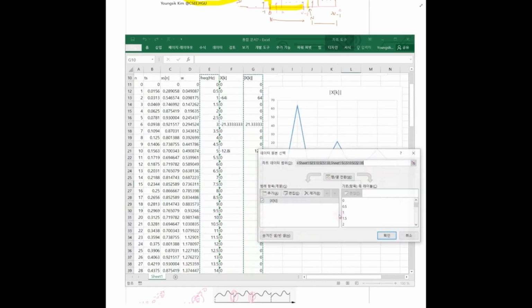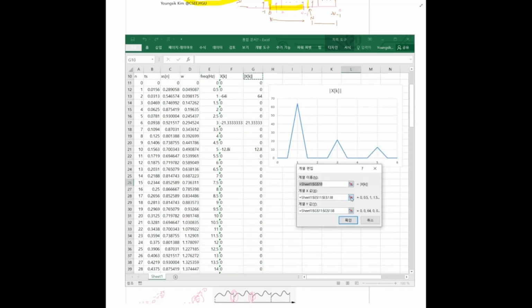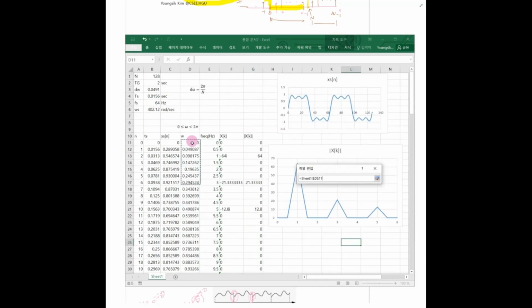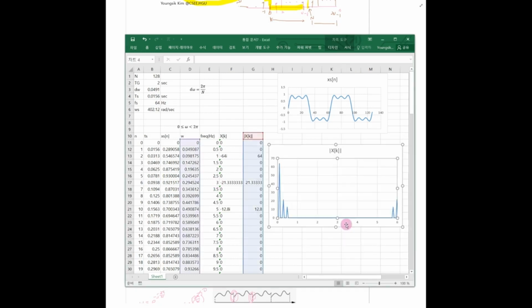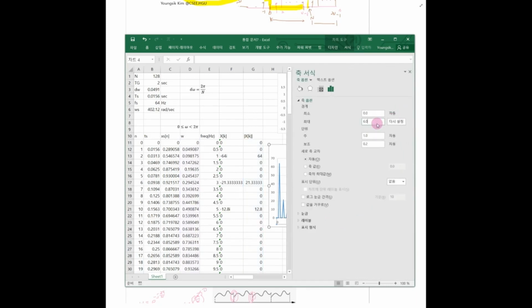I'd like to change this one again to the normalized frequency, so this is better to express. So this is it. And I'd like to confine the data up to 3.14. Okay, 3.14. This should be 0.